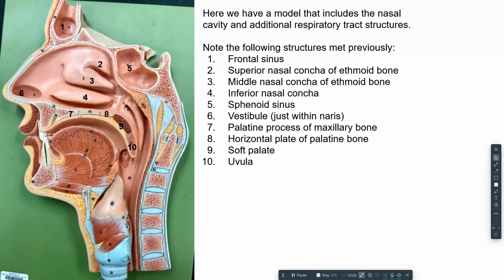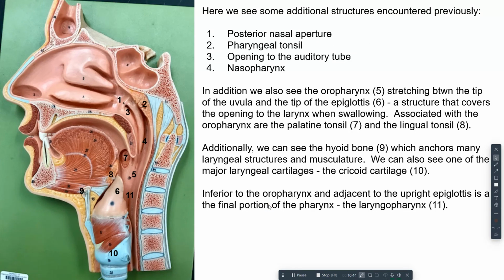I can see my hard palate: anteriorly, the palatine process of the maxillary bone, and posteriorly, the horizontal plate of the palatine bone. And I've got my soft palate with its hanging down uvula. So structures I've met before, and now I can see some more familiar structures, plus also some new stuff.